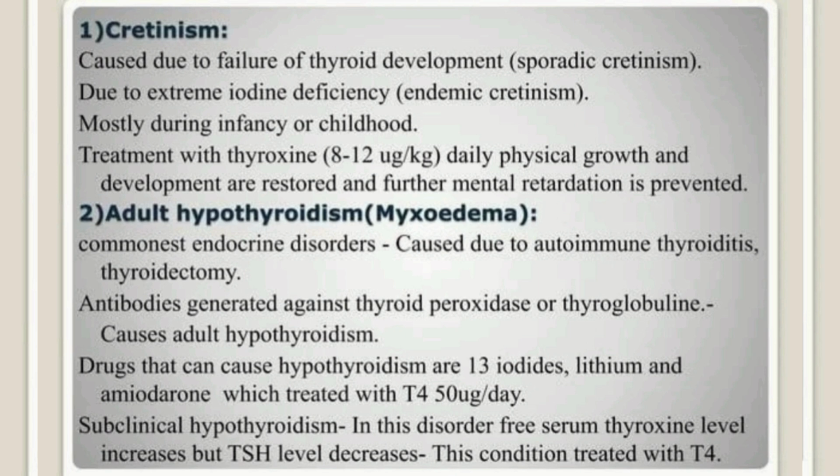It is treated with T4, 50 micrograms per day. Then subclinical hypothyroidism. In this disorder, free serum thyroxine levels are normal, but thyroid stimulating hormone, that is TSH, level increases, and this condition is treated with T4.